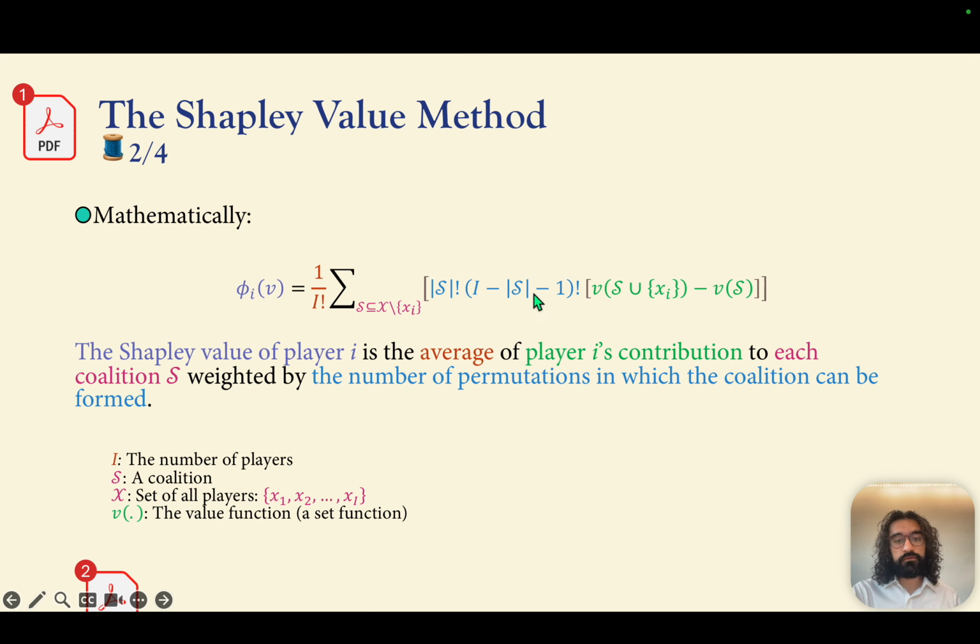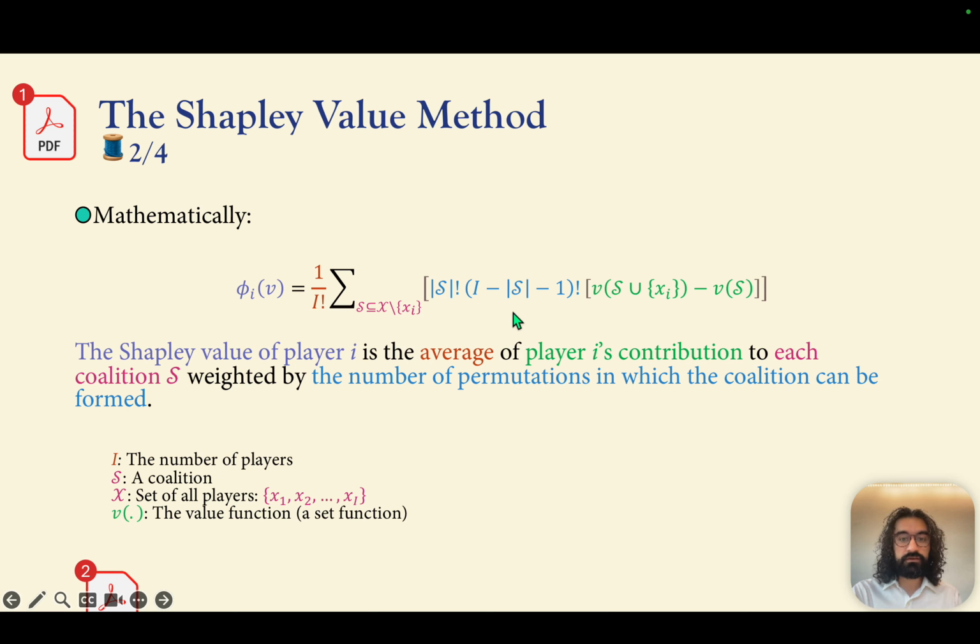You can think of this blue part as follows: there's a coalition with cardinal of S members, with cardinal of S factorial different ways those previous tokens could have been added to that coalition. Then you add the current token, and whatever number of tokens is left is the total number of players minus the coalition minus the 1 we just added.